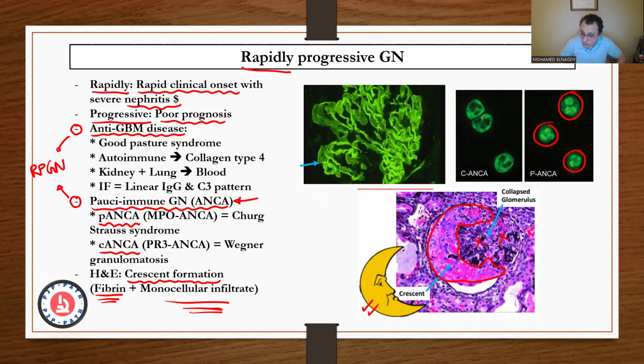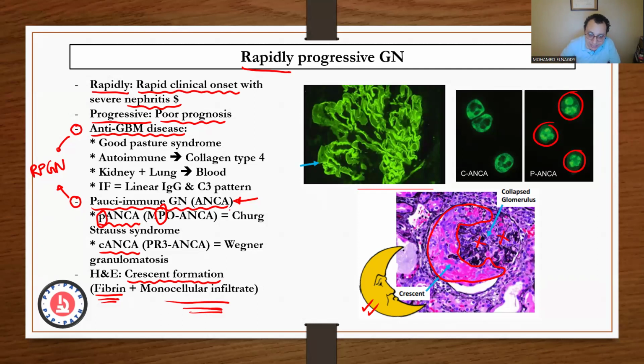And the other one is called perinuclear anti-neutrophil cytoplasmic antibody. You need to memorize for your boards the flavor of each. P-ANCA is MPO. It's an antibody against the MPO inside the neutrophils. It's anti-MPO antibody.